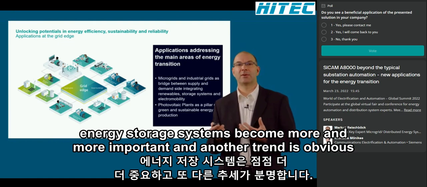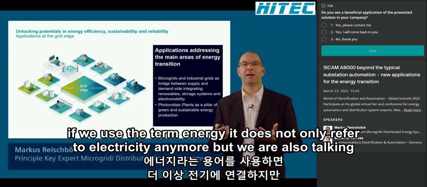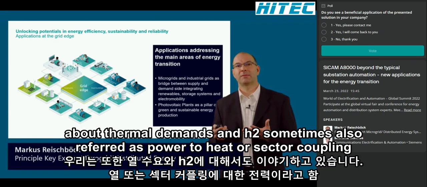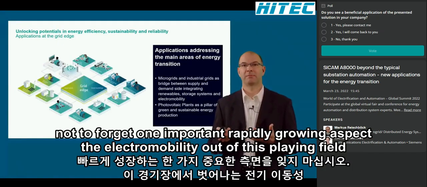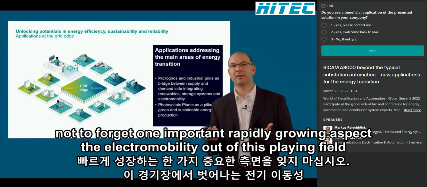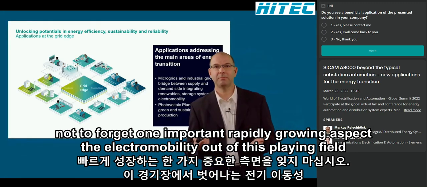And another trend is obvious. If we use the term energy, it does not only refer to electricity anymore, but we are also talking about thermal demands and H2, sometimes also referred to as power to heat or sector coupling. Not to forget one important, rapidly growing aspect, the electromobility.